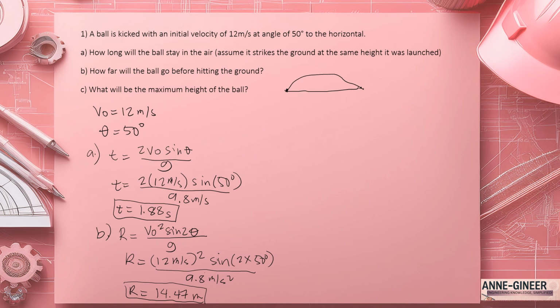Okay. For letter C, what will be the maximum height of the ball? We also have delta y max is equal to V0 sine theta squared over 2g. This is also a formula from case 1.